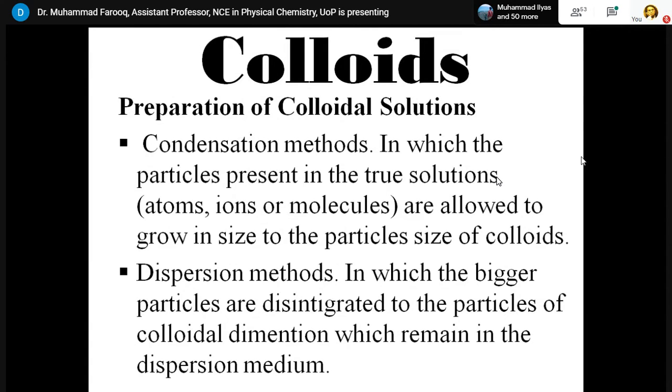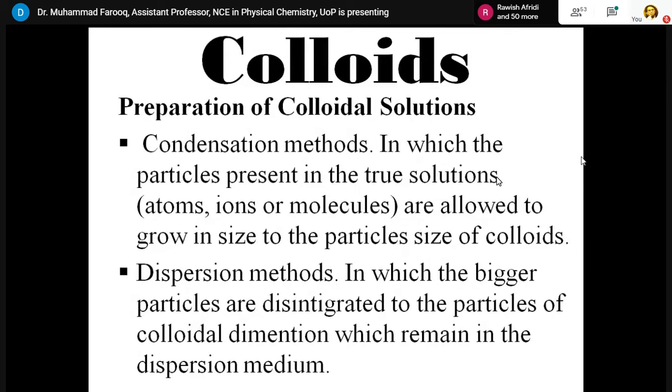Then the size will increase to that of a colloid. For example, before it was 1 nanometer, but they are allowed to condense. Then the particle is in the range of 1 to 100 nanometers. So the condensation method is one in which the particles present in the true solution, atoms, ions and molecules, are allowed to grow in size to the particle size of colloid.